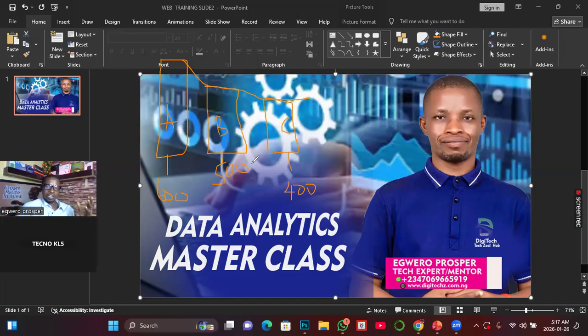So we cannot say that this product is not doing well, because the difference is minimal. But if we compare this and this, the difference is much more, that is 200. So we cannot begin to diagnose. That is why when we get to types of data analytics, we understand that there is a type of analysis called diagnostic.